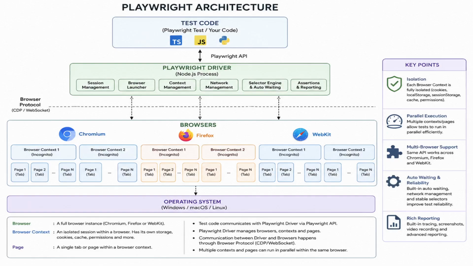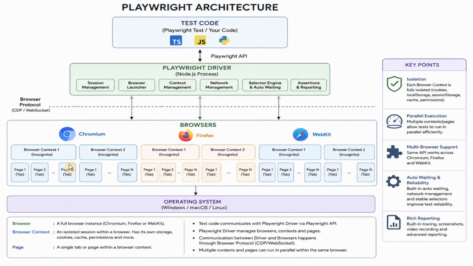It maintains isolated cookies, local storage, permissions, session state, and other browser data. It doesn't share the data or cookies with other browser contexts. It manages its own session state and the browser data.